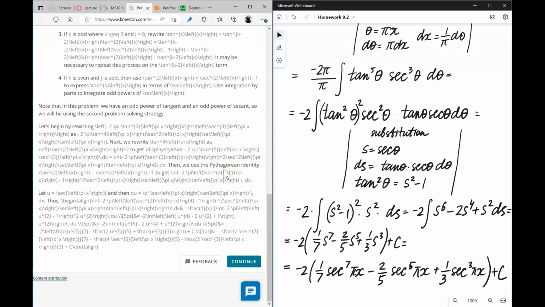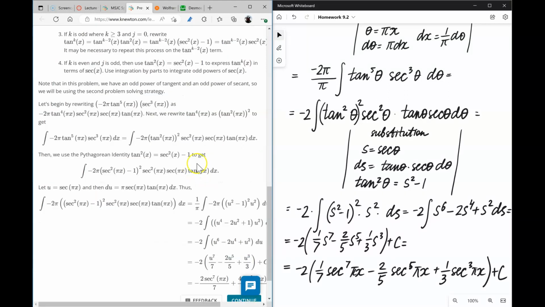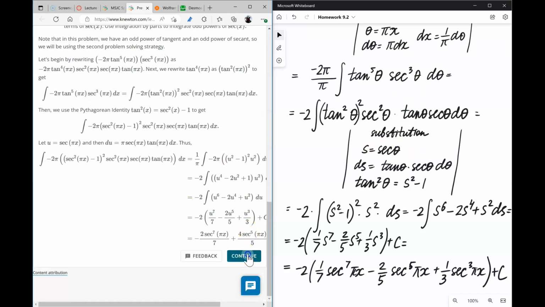There's no reason for us to get it wrong. Let's check what they have done. They have done the same thing, except they skipped the first step of substituting pi x. I think it's better that way. You really clean up your integral right away, avoiding writing all those pi x's throughout the entire solution. So let's move on to the next question.